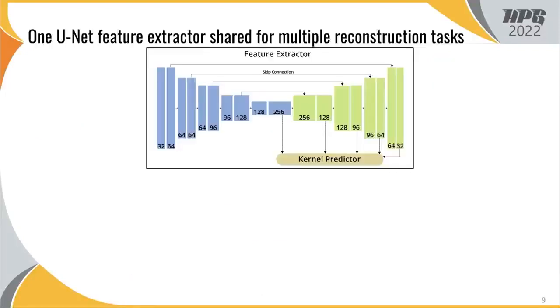We use this network as our base design. Our U-Net feature extractor produces a shareable feature representation that is then used by the kernel predictor to generate filter weights for multiple reconstruction tasks. The shareable representation avoids the need of running separate U-Nets for each reconstruction.